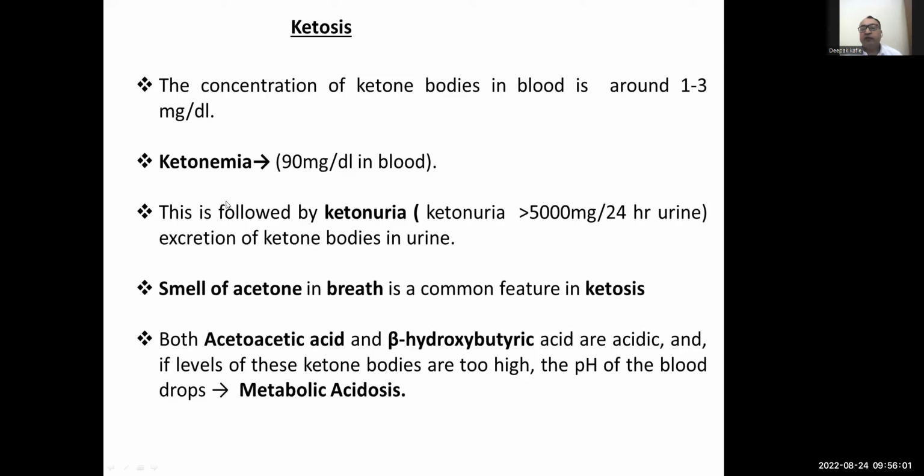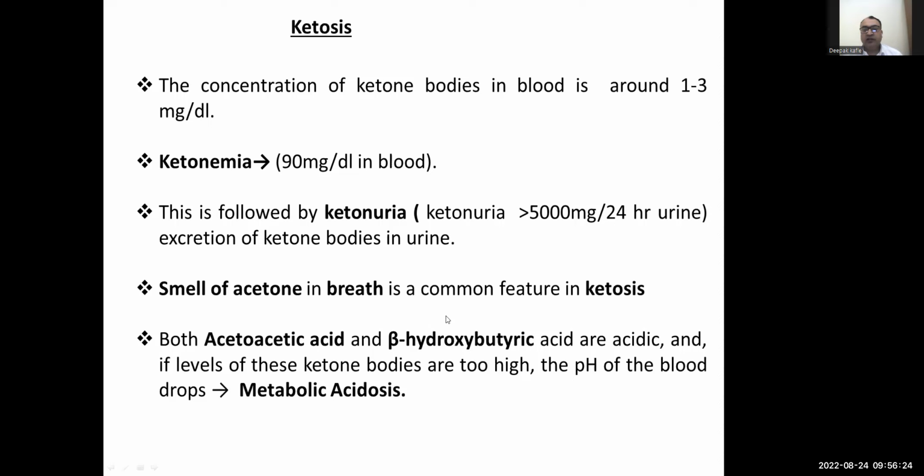The ketonemia followed by the ketonuria, we call this clinical process ketosis, because in ketosis both the ketone bodies will increase in the blood as well as the urine concentration of the ketone bodies will be increased. The combination of both ketonemia and ketonuria, we call ketosis.